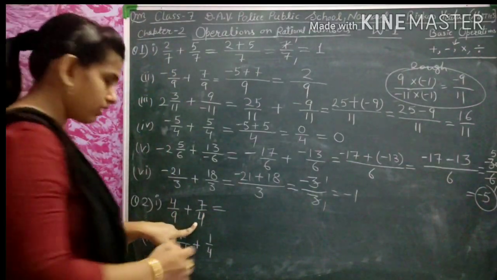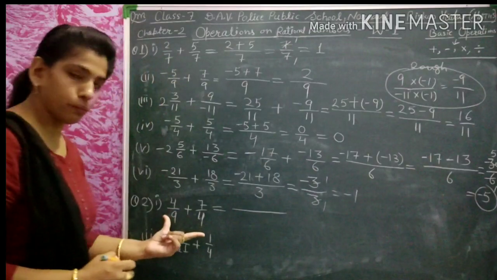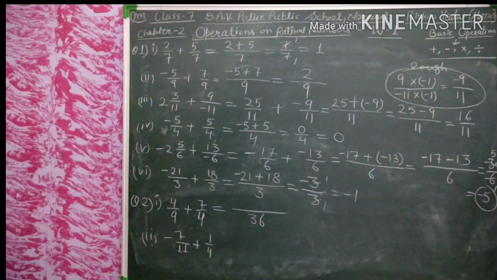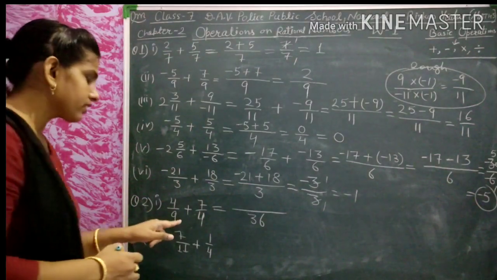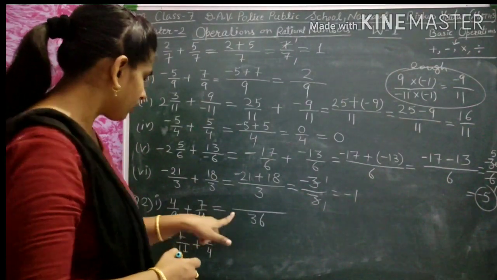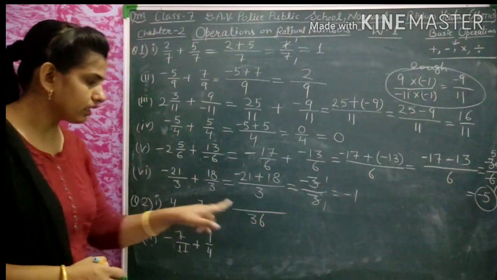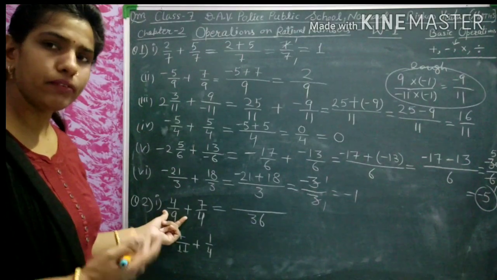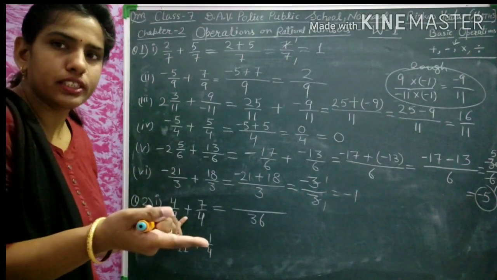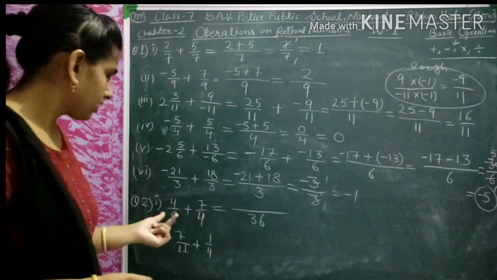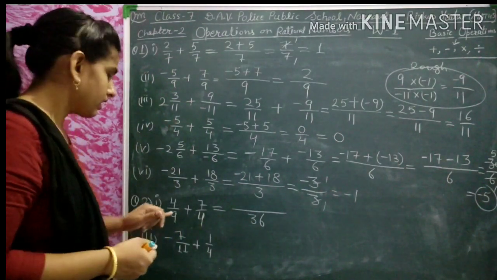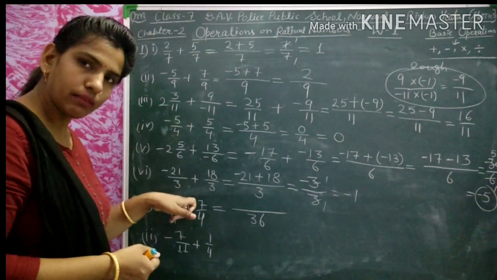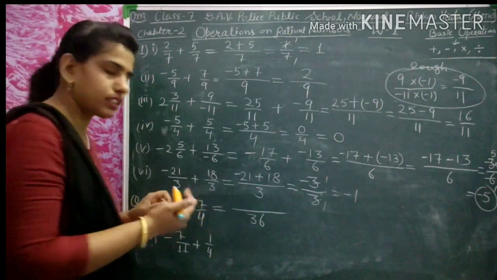The denominators are co-prime numbers, so the denominator is 36. Is it clear? 36. If there is a number multiplied by 9 that becomes 36, what is the number here? 9 multiplied by which number becomes equal to 36? Yes, 9 times 4 is 36. It means 4 is there and the same number is multiplied in the numerator. 4 times 4 is 16.